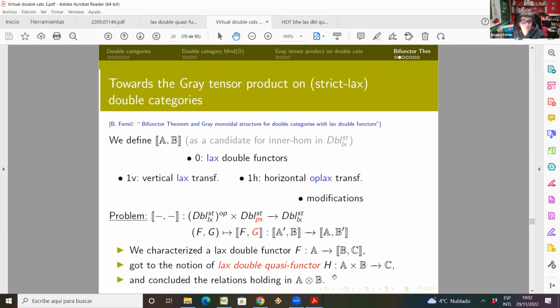So I wanted to follow what Gabi did. But what Gabi did fails in the case of Lax functors, Lax double functors. So I really don't know if there is a way around this to show it directly. But something like this can be defined. I don't know if it makes sense, because I'm not entering into whether this is associative or anything of that.